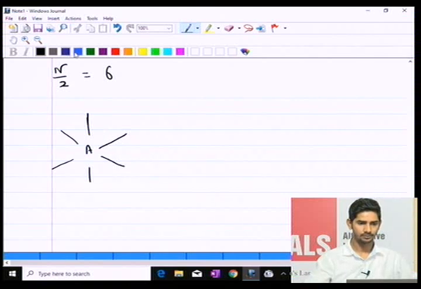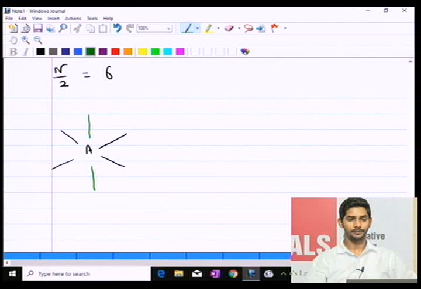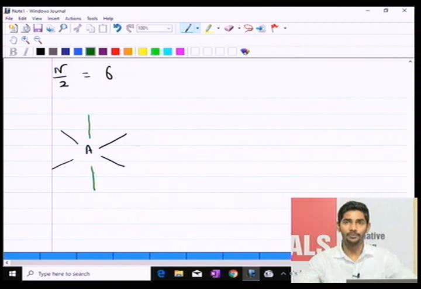So guys, look at this. The bonds in the green are known as the axial bonds. The bonds in the black are known as the planar, or we can say the square positions.